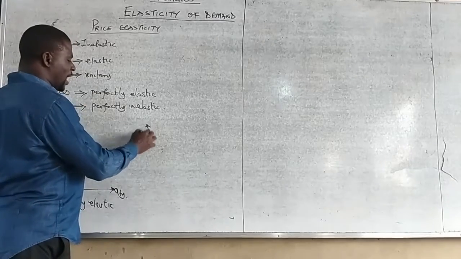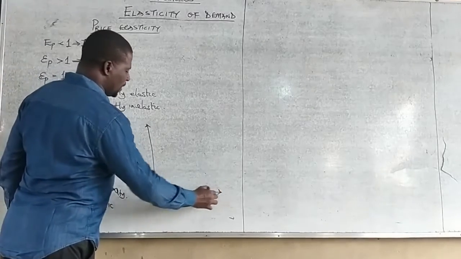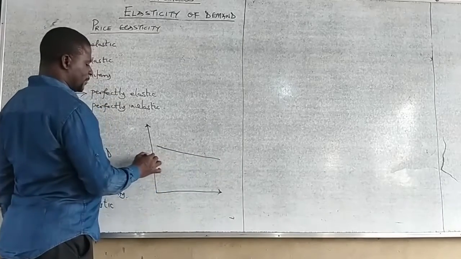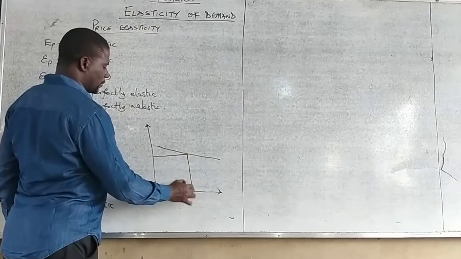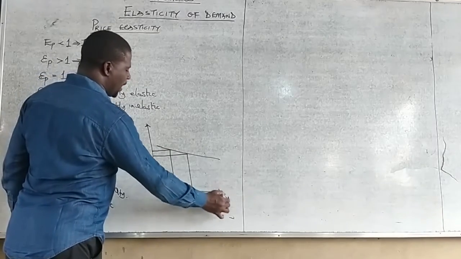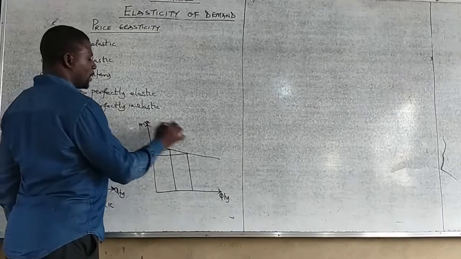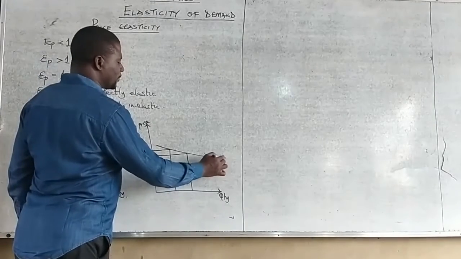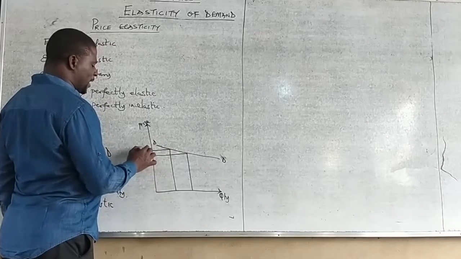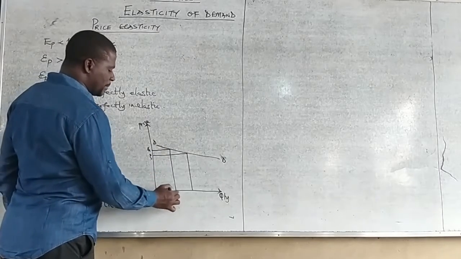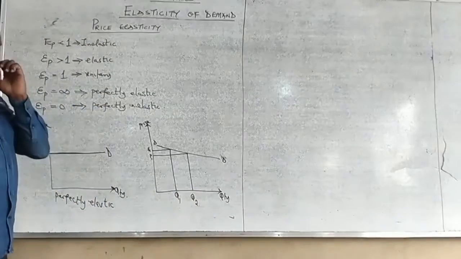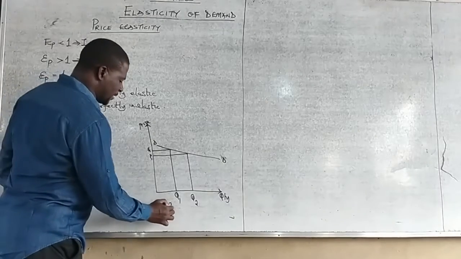Now the second one you have is when you have fairly elastic. Now for fairly elastic, this is the type of commodity where a little change in price brings about wide change in quantity demanded. You see that? This is fairly elastic.